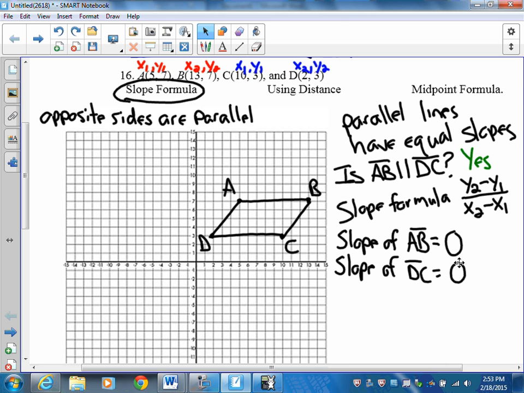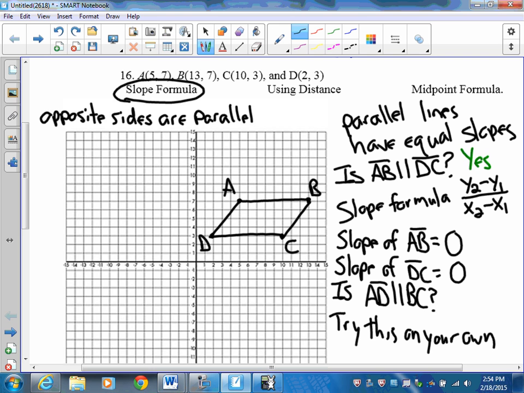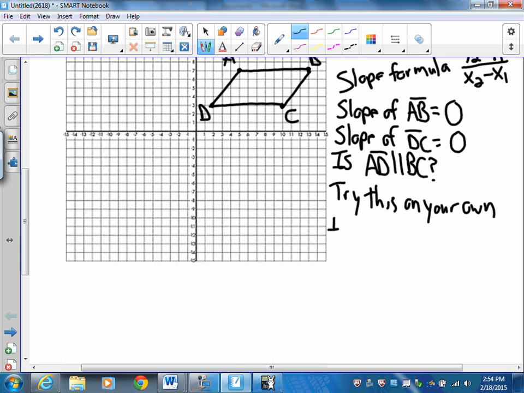We also need to verify that AD is parallel to BC. And I want you to try this on your own. So what we're leading up to: if it is, then it's a parallelogram.